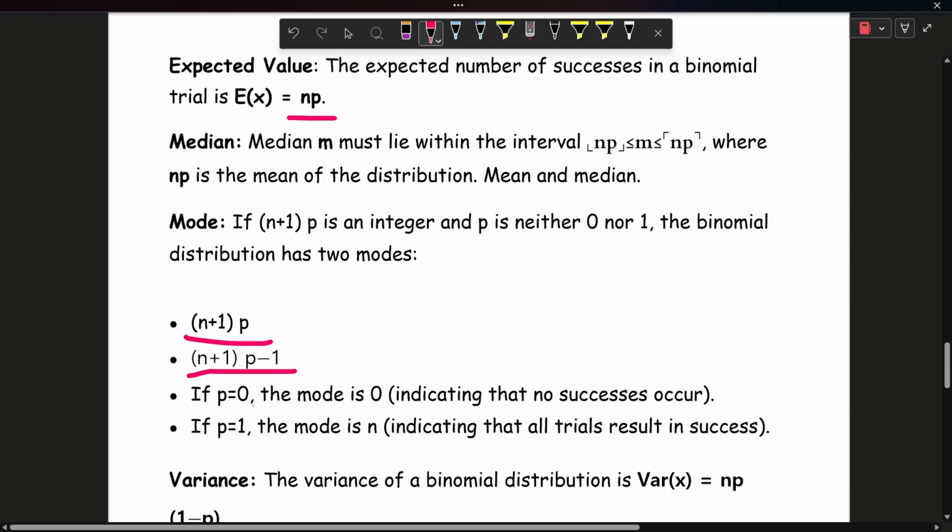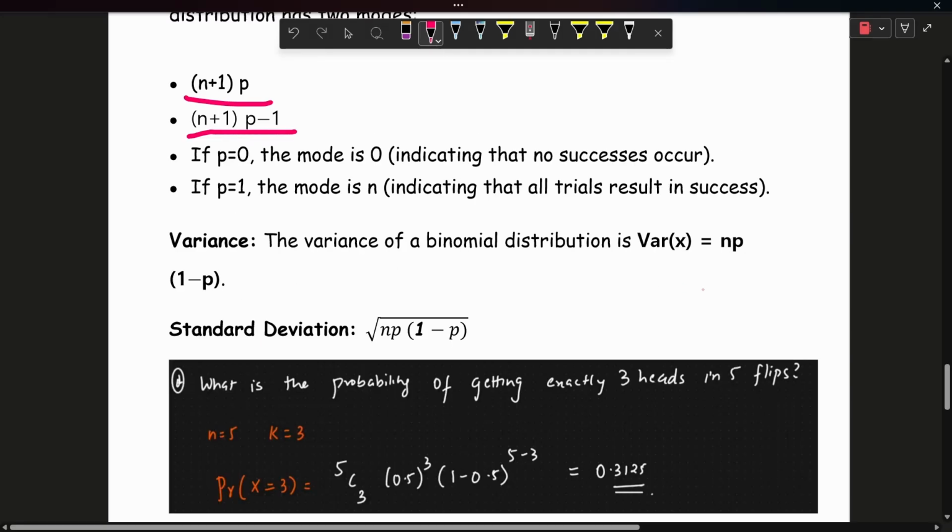If p is 0, then the mode is 0, and if p is 1, then the mode is n. What is the variance? We have variance np into (1 minus p). The standard deviation is the root of variance, that is the square root of np into (1 minus p).